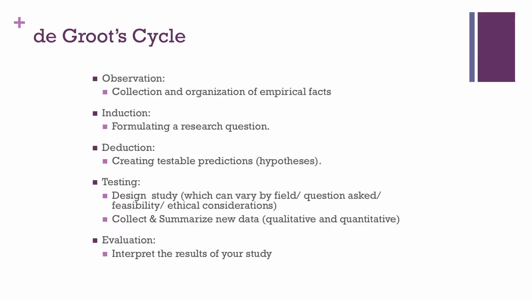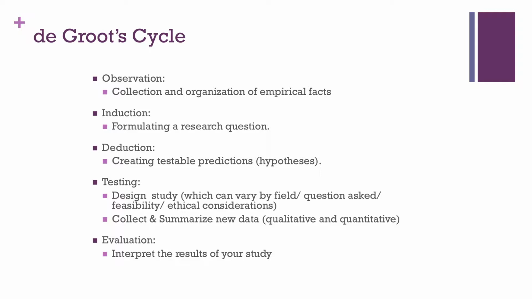Here it is in words. So our observation is a collection or organization of empirical facts. From that observation, we make some sort of induction where we would formulate a research question where we're saying, hey, I think this is happening. What would happen if? In the deduction, we then talk about creating testable predictions.